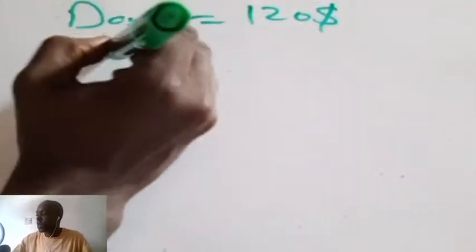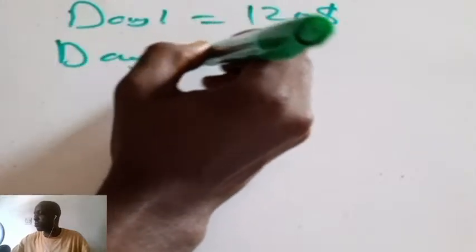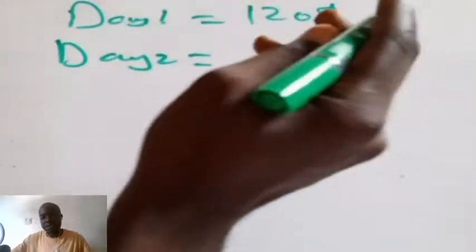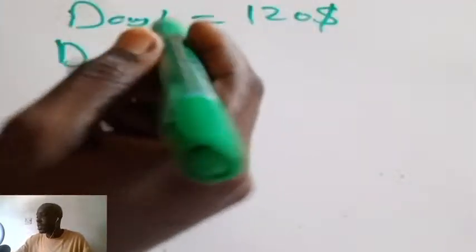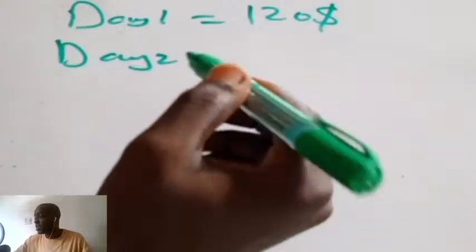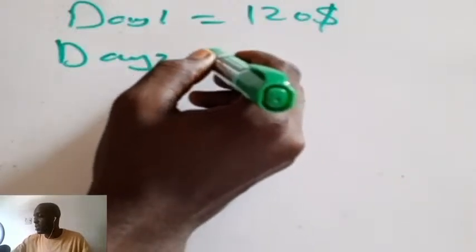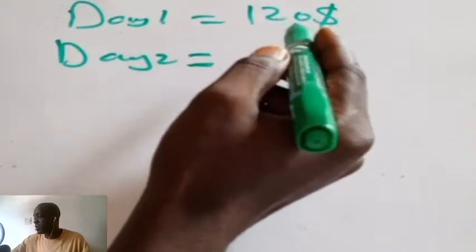So day two, maybe we target 500 pips. As you can see earlier, the GBP and the USD moved around 500 pips.